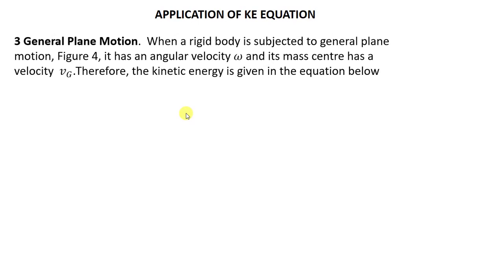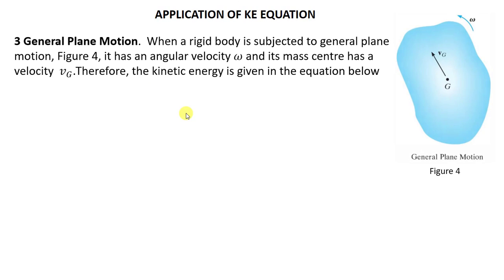So which other application do we have? We can also apply the formula when you're dealing with general plane motion. So what is this general plane motion? When a body is subjected to general plane motion, it has an angular velocity and its mass center has a velocity Vg.